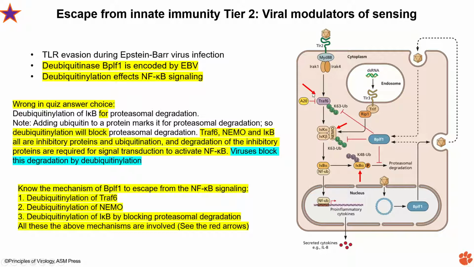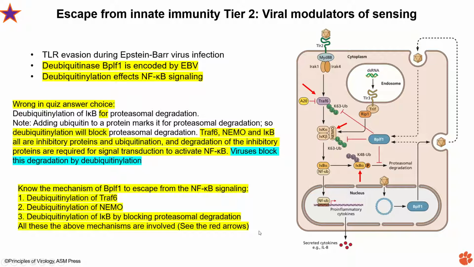Remember that. So this right here, BPLF1 that we are talking about, is the Epstein-Barr virus protein, very specific. And the question that I had is that TRAF6, NEMO, I kappa B, all are inhibitory proteins, and ubiquitination and degradation of the inhibitory proteins are required for the signal transduction to activate the NF kappa B. Viruses block this degradation by ubiquitination.